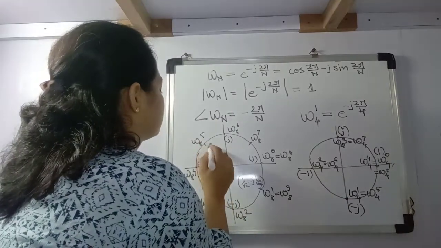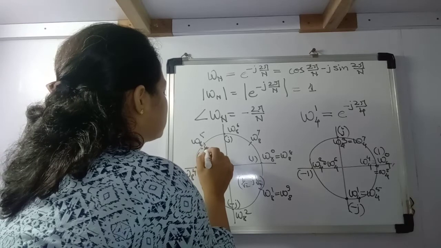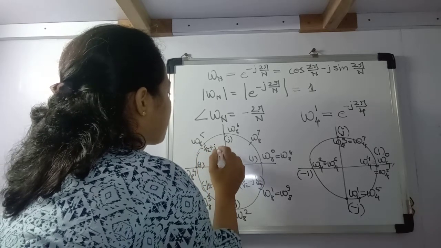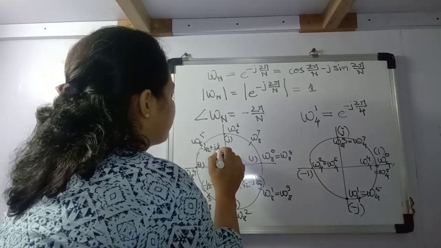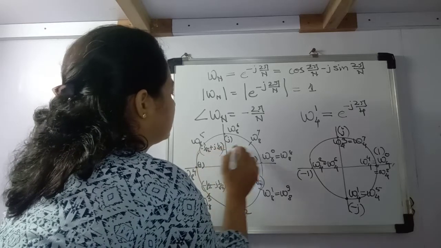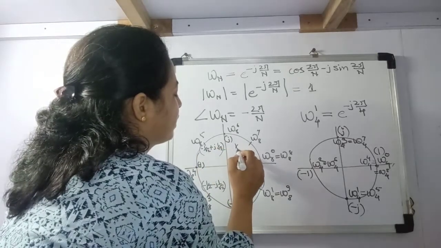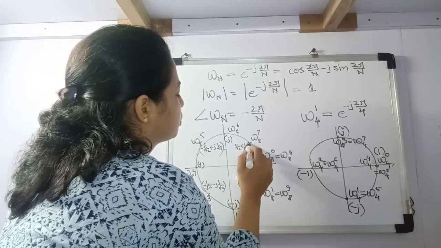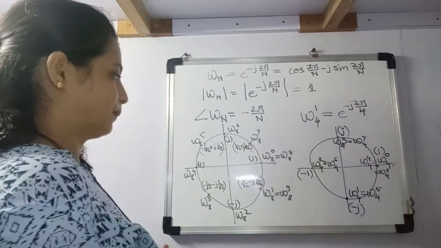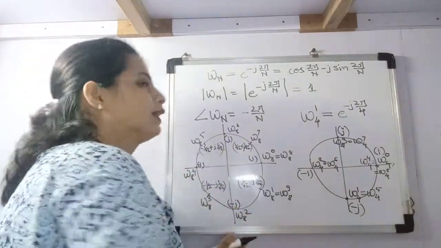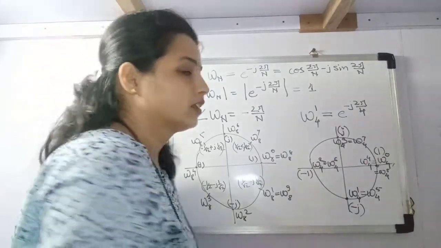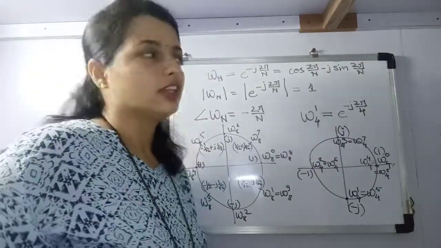This value is minus 1 by root 2 plus j 1 by root 2. This value is 1 by root 2 plus j 1 by root 2. Okay, so these are again pre-calculated values. We just want to derive the properties of these values.